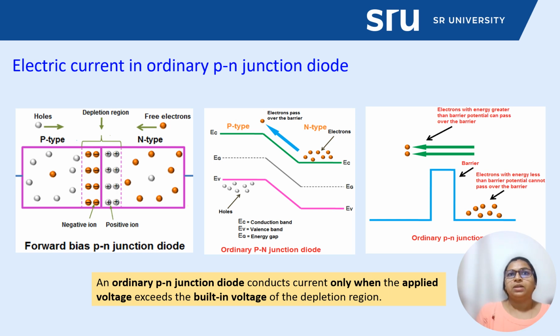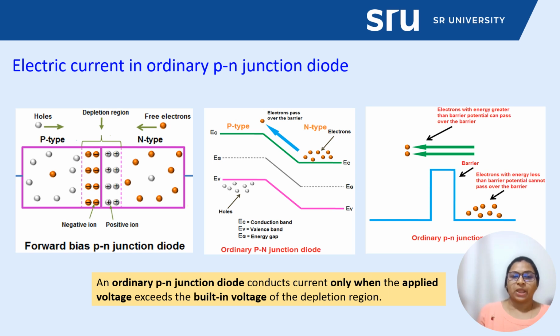So a PN junction diode produces electric current only if the applied voltage is greater than the built-in voltage of this barrier region or depletion region.